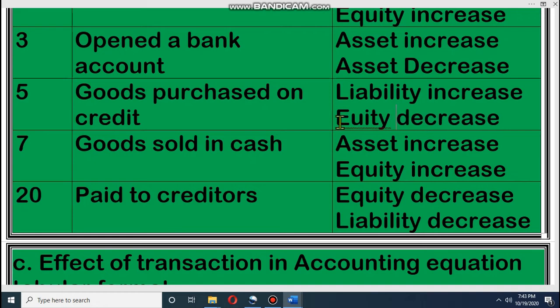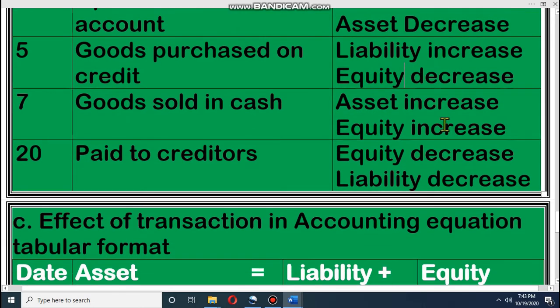That means goods purchase on credit: liability increases and equity decreases. Because I have to pay the money, liability increases and equity decreases.